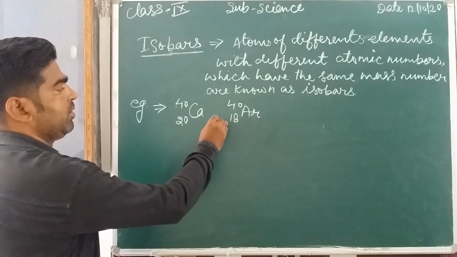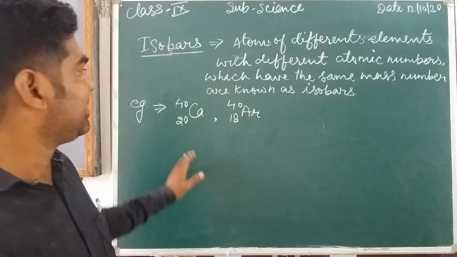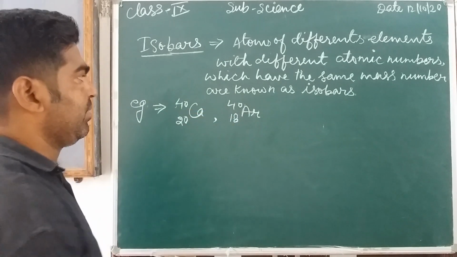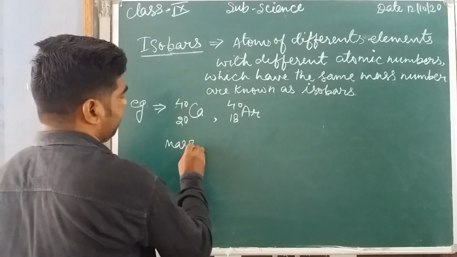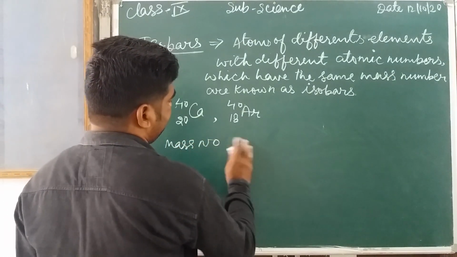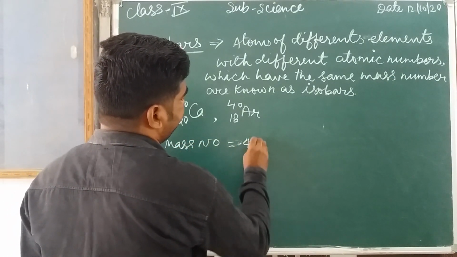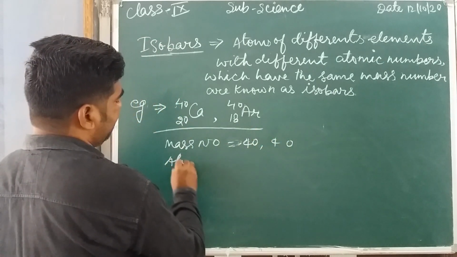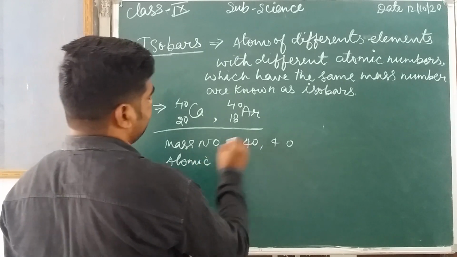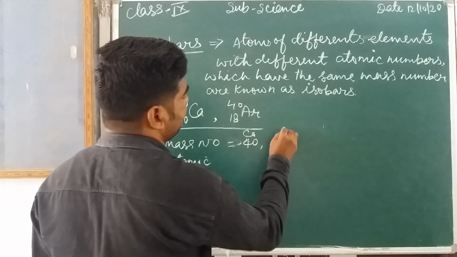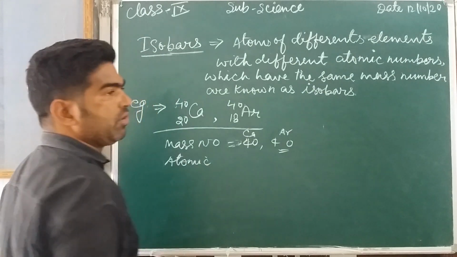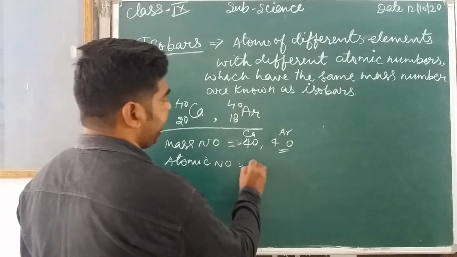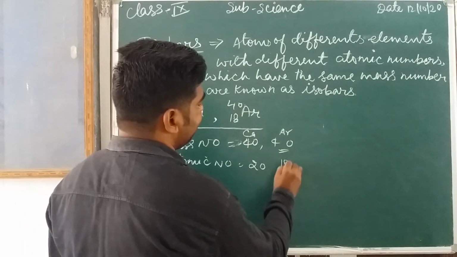You can say that both calcium and argon have the same mass number, 40. The mass number of calcium is 40 and the mass number of argon is also 40, but the atomic number of calcium is 20 and the atomic number of argon is 18.